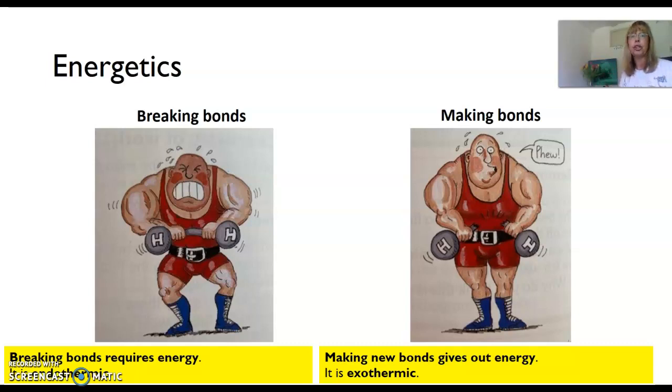And then the opposite is true when we make a new bond. When we make a new bond, energy is released, just like when you have finished a task, that relief of having completed that task. Making new bonds gives out energy. It is exothermic. Pause the video and copy down neatly the bits in yellow.